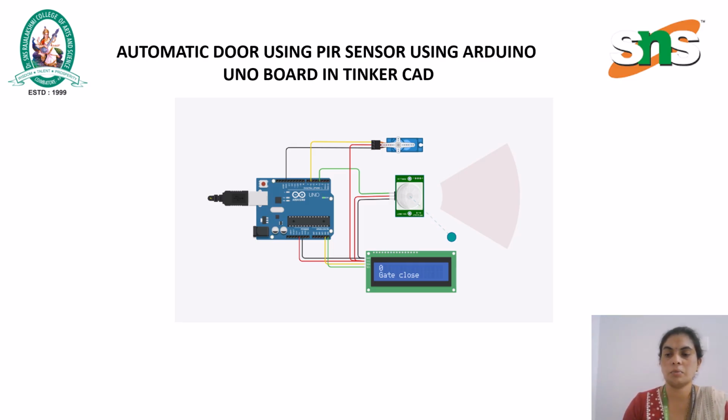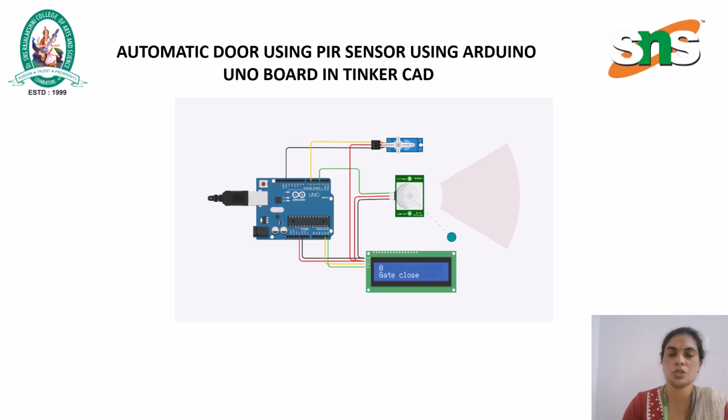As discussed in the previous slides, the colors of the jumping wires have to be differentiated from one another, because otherwise we cannot find out which jumping wire has been connected to the PIR sensor, the micro servo or the LCD display, as mentioned in the coding part. In the coding part we have to mention which point, whether the 13th or the 12th pin of the Arduino board, is connected.